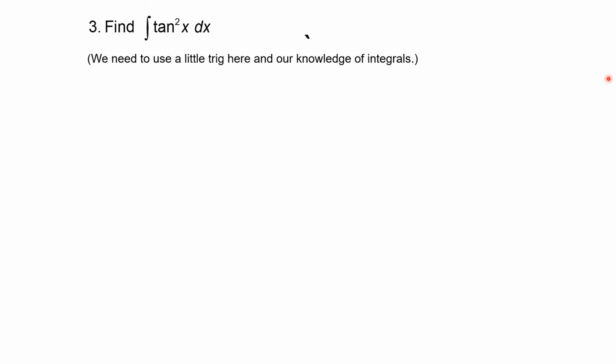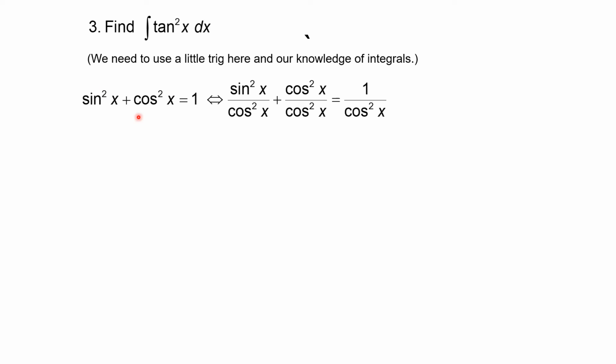We know that we can write tangent square in terms of secant square. This is derived from sine square plus cos square equals 1. We divide the whole equation by cosine square: sine square over cos square, plus cos square over cos square, equals 1 over cos square. So this reduces to tangent square x plus 1 equals secant square x.